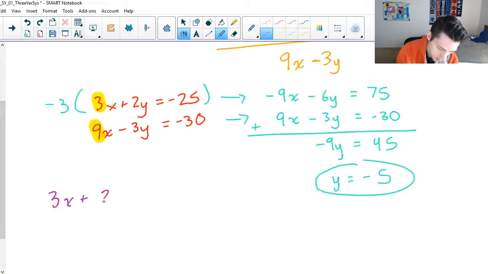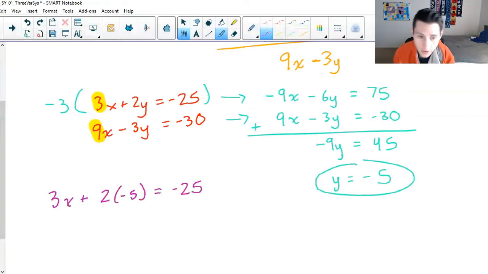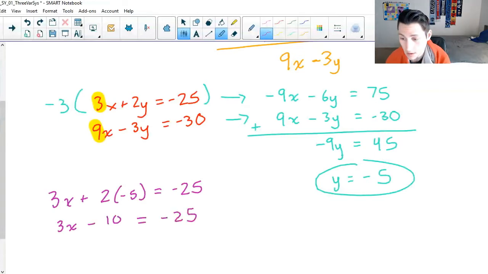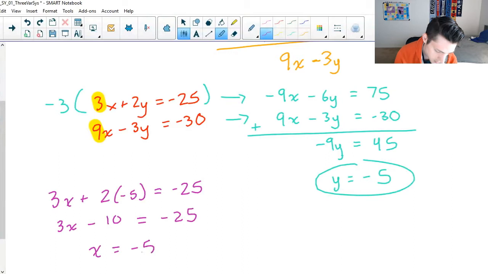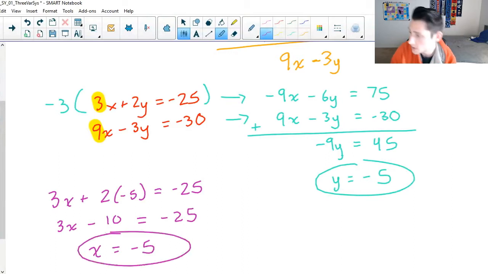So 3x plus 2y, but y we know is negative 5, equals negative 25. 3x minus 10 equals negative 25. Add 10 on both sides, so I'd get 3x equals negative 15. Divide both sides by 3. So I'll get that x also equals negative 5. Great.